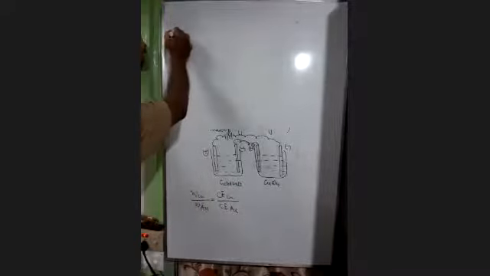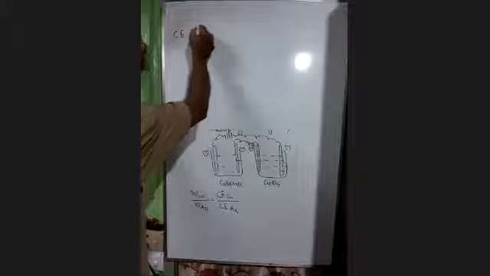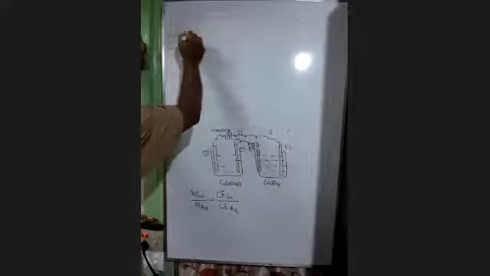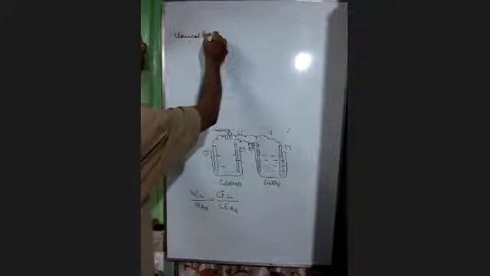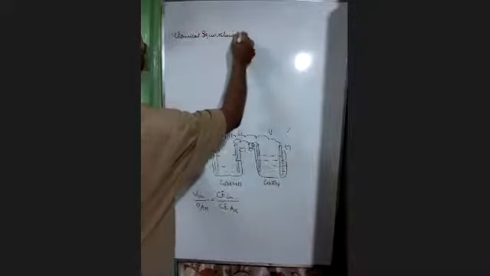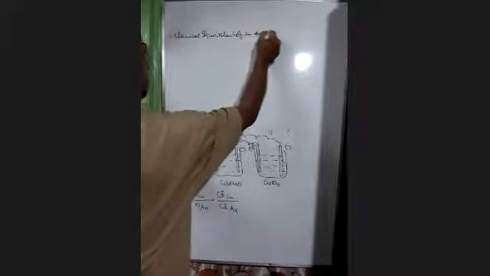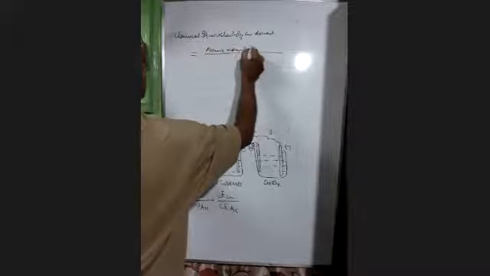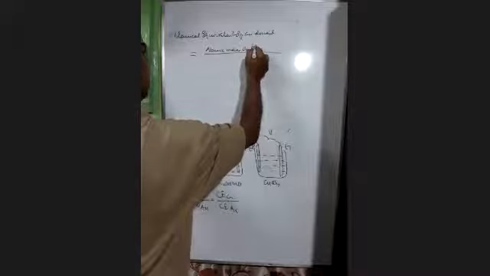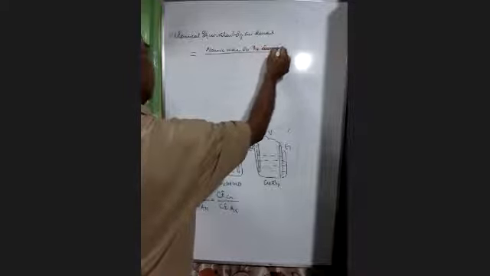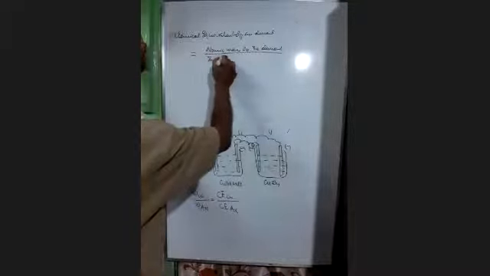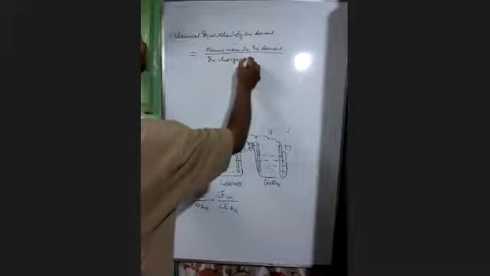Chemical equivalent of an element is equal to the atomic mass of the element divided by what? The charge on the ion.